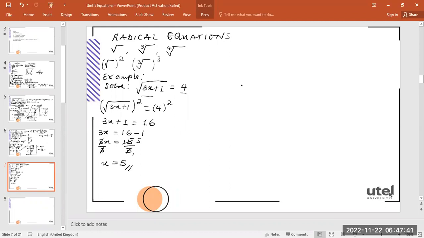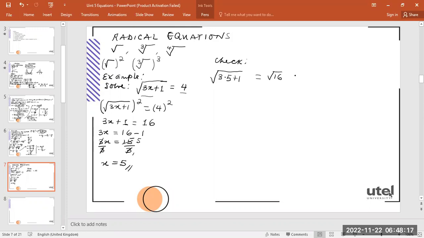And of course, like I told you, you can always carry out a check to see if your solution is correct. So let's see what the original equation says. It says the square root of 3 multiplied by x. In this case, we've obtained that x is equal to 5, so we multiply 3 by 5 and then add 1. 3 multiplied by 5 is 15. 15 plus 1 gives you 16.